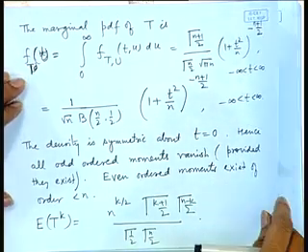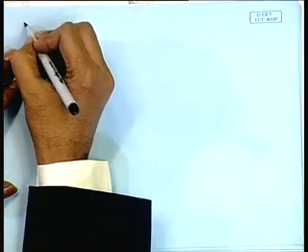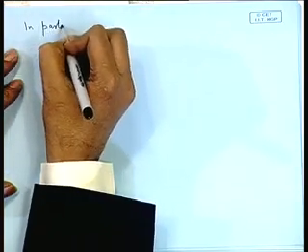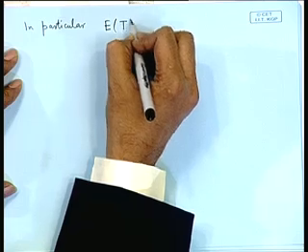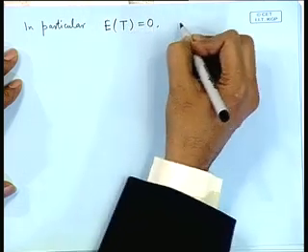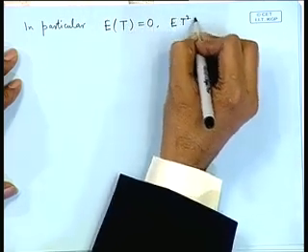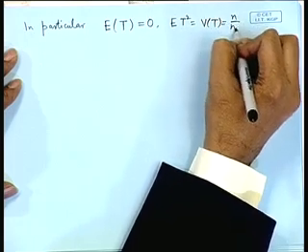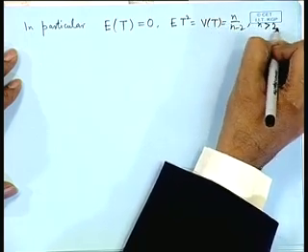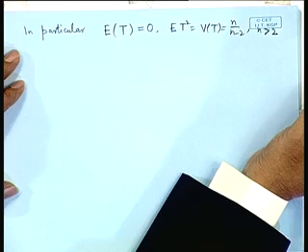So, in particular, expectation of t is 0, expectation of t square, that is variance of t, is n by n minus 2, which exists for n greater than 2.